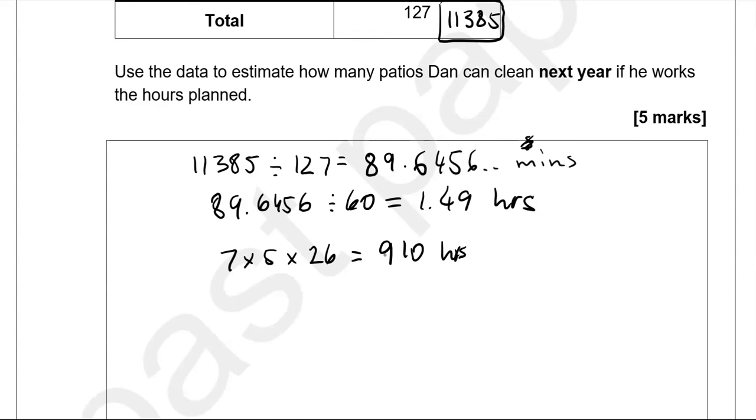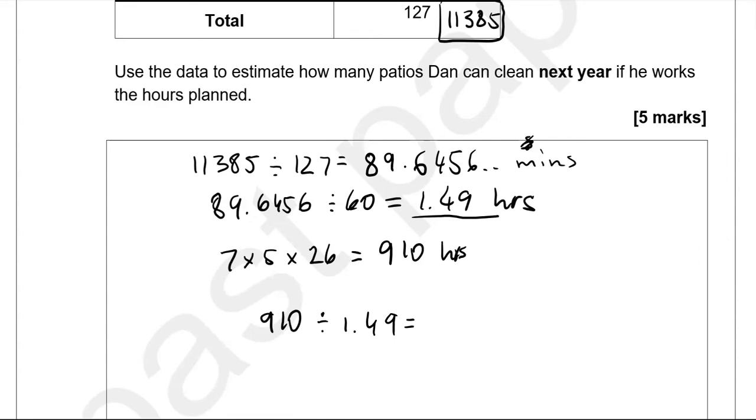So now, if one job takes 1.49 hours, how many jobs can it fit in 910 hours? So 910 divided by 1.49, or you could have divided by 1.5 in here.